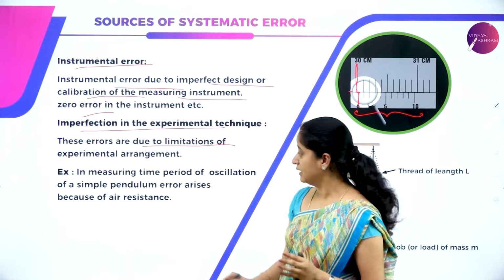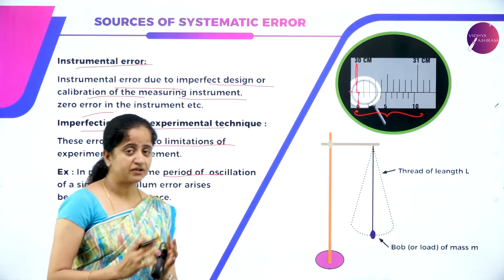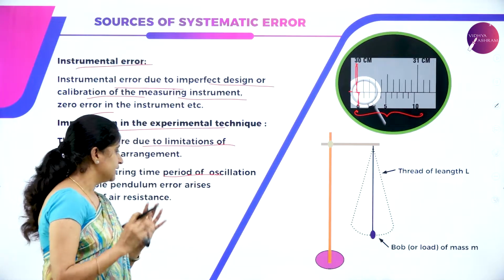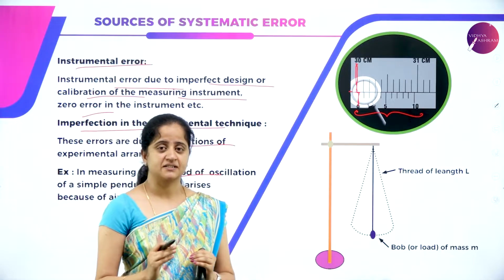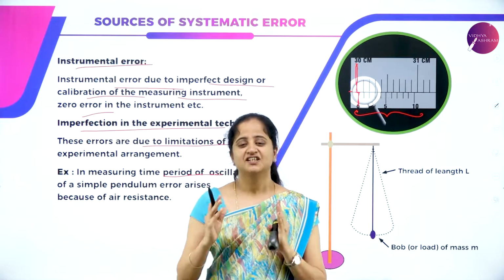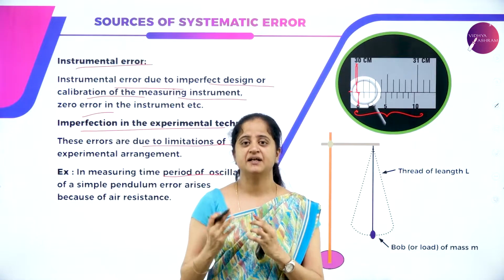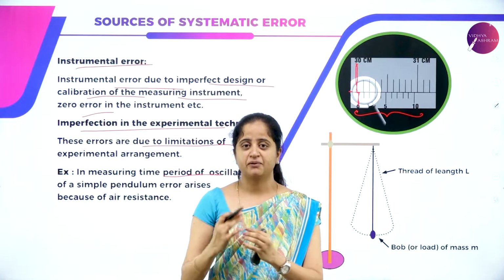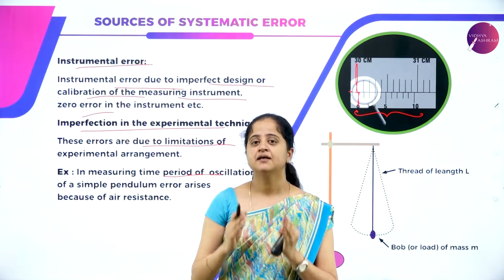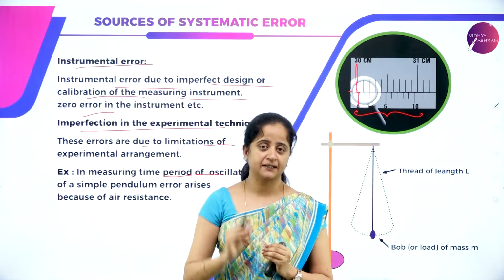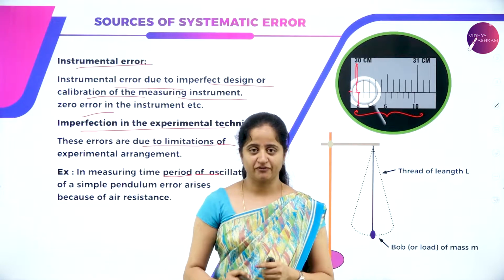Yes, for example, when you consider a simple pendulum experiment, in calculation of time period of simple pendulum, the error arises due to the air resistance which is present in the surrounding. Yes, due to air resistance, we can observe certain dissimilarities in the readings what we take when we are performing the experiment. Yes, this is one of the examples to understand the imperfection in experimental technique. The limitations or the drawbacks cause these type of errors.